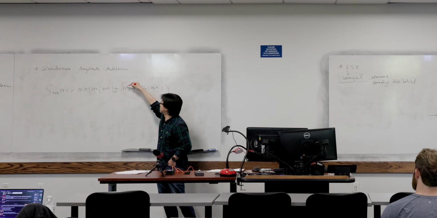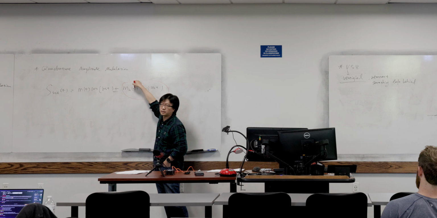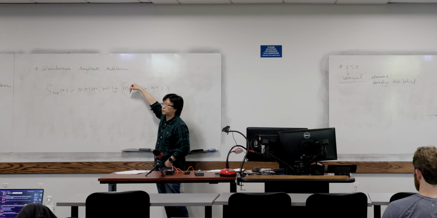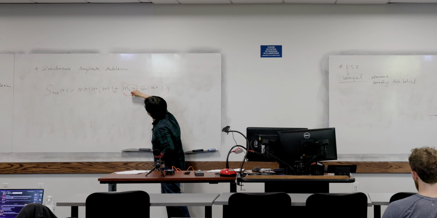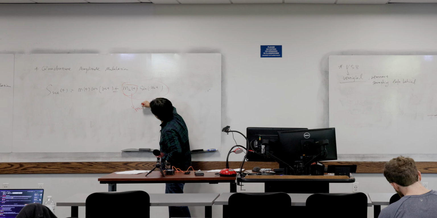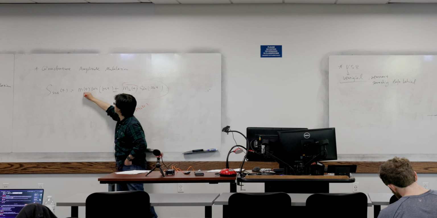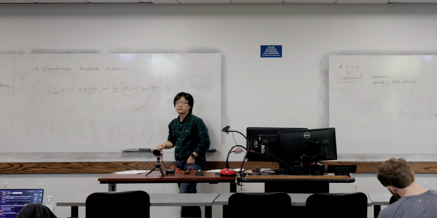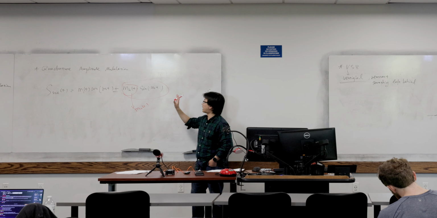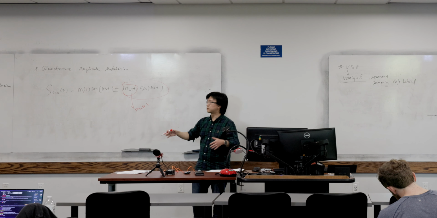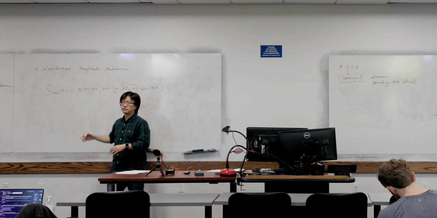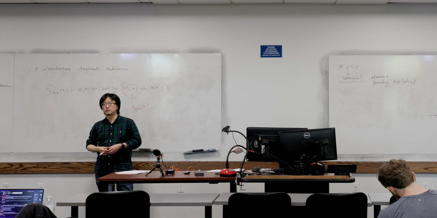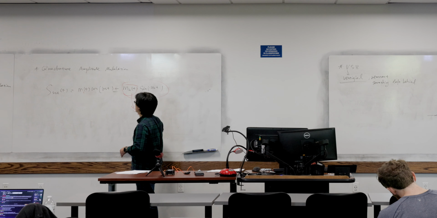Instead of transmitting something wasted here, we'll transmit a new message here, m2 of t. I denote that as m1 of t. Would that work? So now we still have double bandwidth, but we're transmitting 2 messages instead of 1 message. Does that make sense? Okay, and this is QAM.